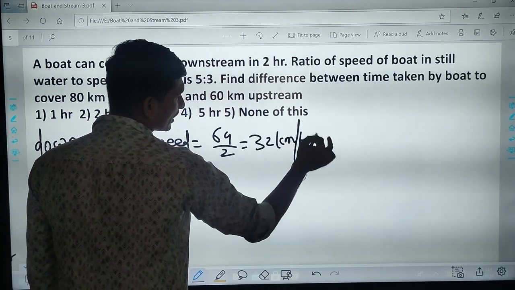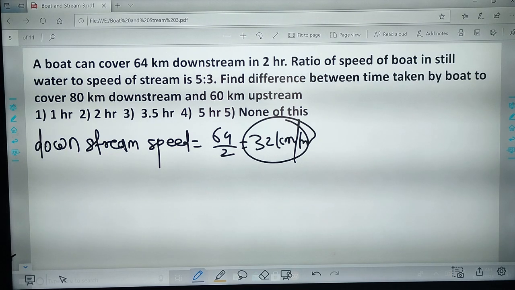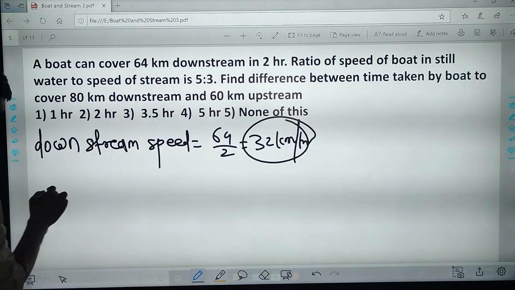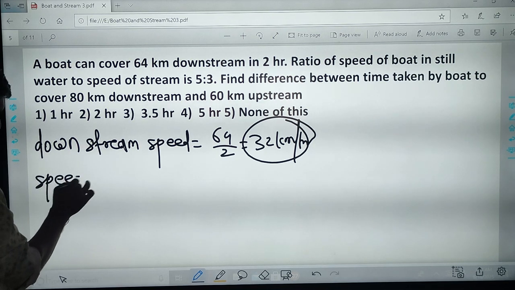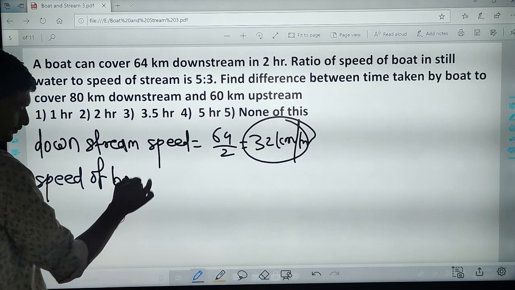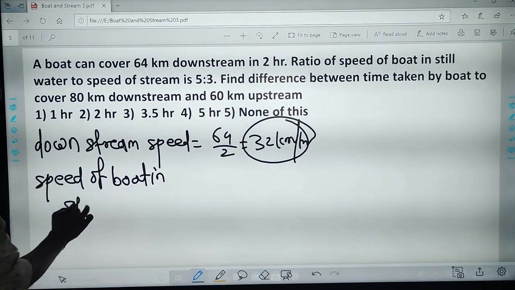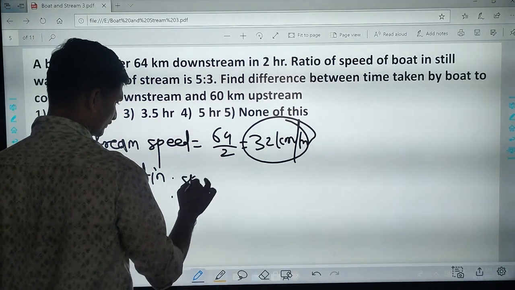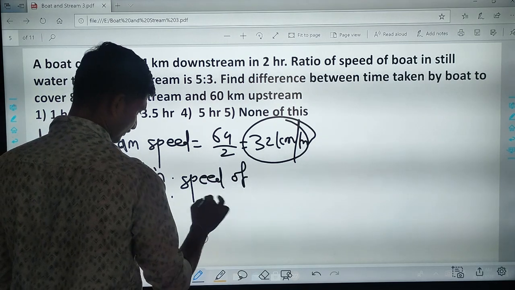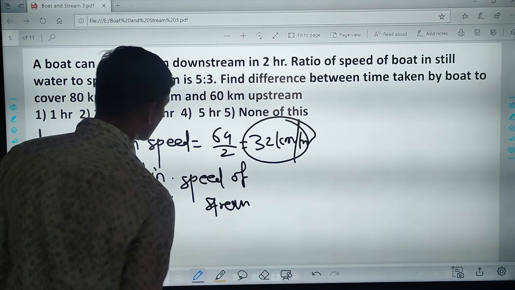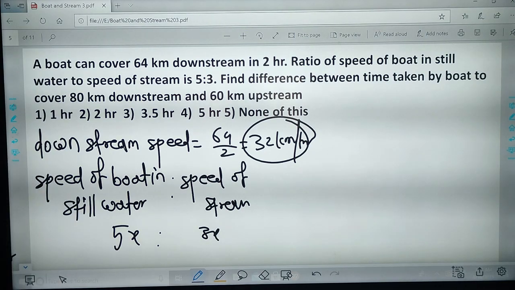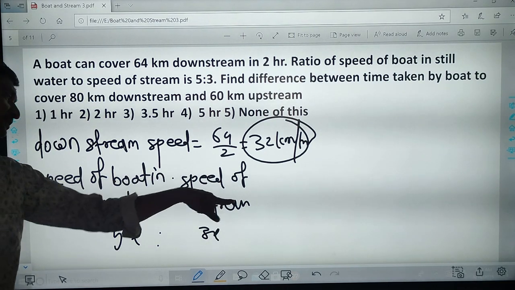Then the ratio of the speed of the boat in still water and the speed of the stream is 5:3, that is 5x and 3x.